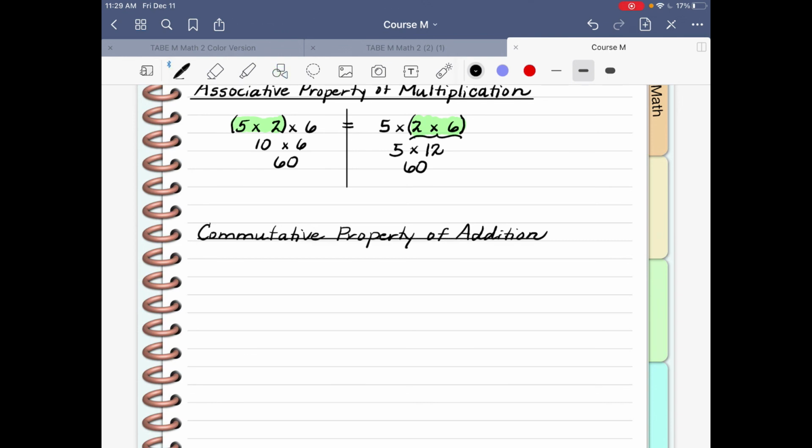And let me look at my examples that I've done. I did 12 plus 15 should give me the same answer as 15 plus 12. So let's compare the two sides. 15 plus 12 is 27. 12 plus 15 is 27. So yes, the order does not matter.